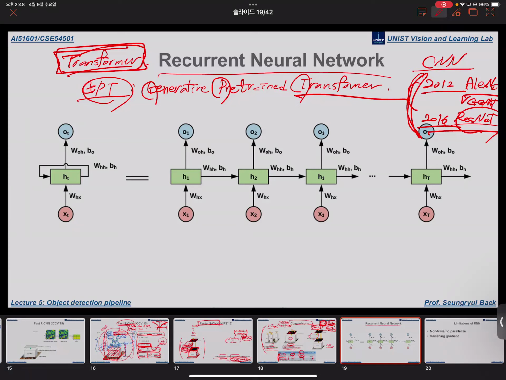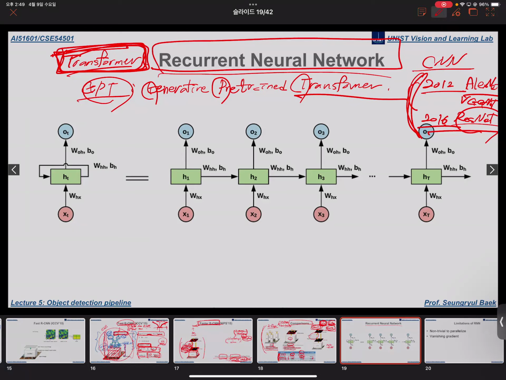Okay. And before that, I will introduce you to some of the history of this transformer algorithm. So actually, I will tell you about some of the NLP domain's history first, because this transformer comes from the NLP domain.